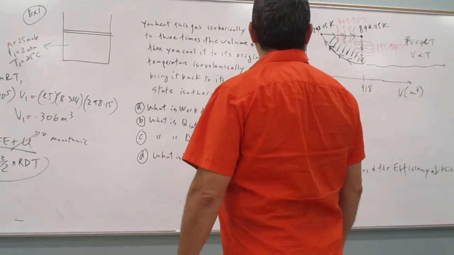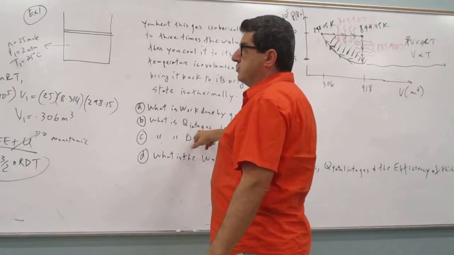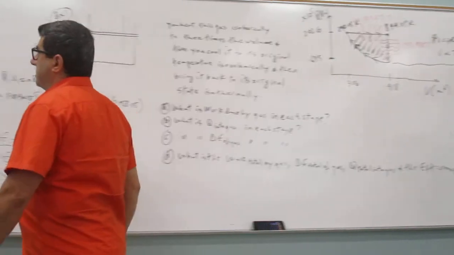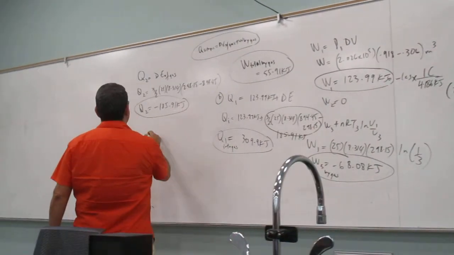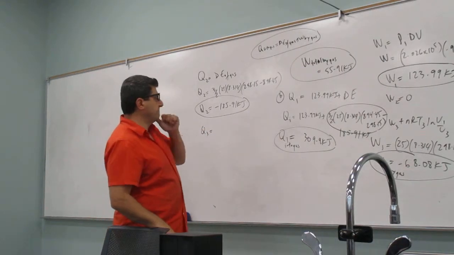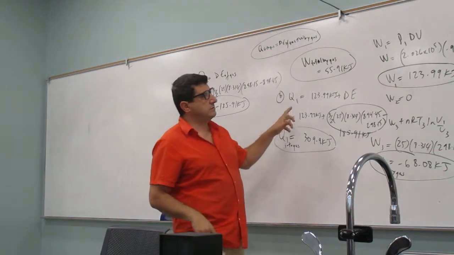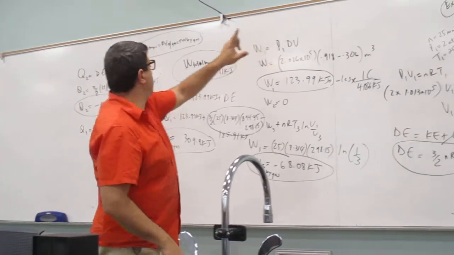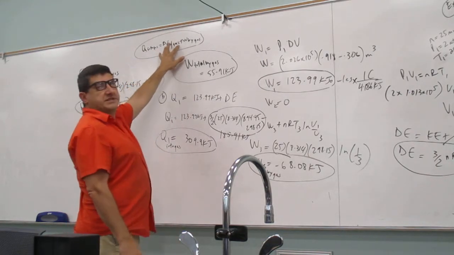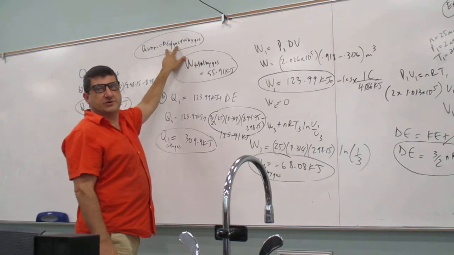Okay? So then that's it. So we already know the Q2. And then Q3 is now isothermal. So isothermal means the temperature is not changing, right? So delta E is 0 now.